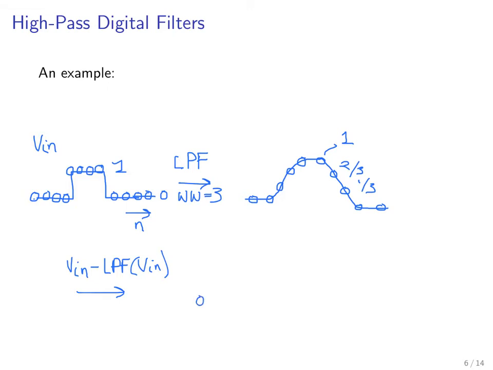The first two samples will again be 0. Then we'll get a minus 1/3. Then we'll get a plus 1/3. Then for the middle two samples in the plateau, it'll be 0. And then it will go plus 1/3 and minus 1/3 again.